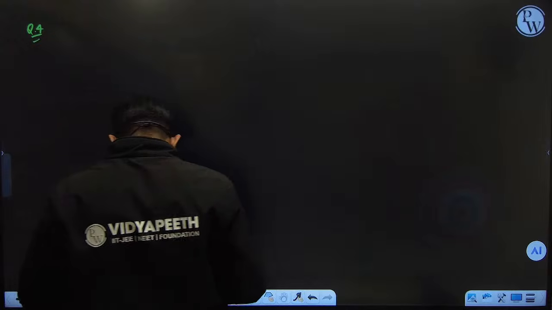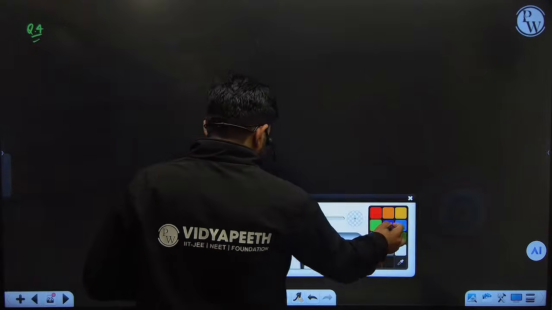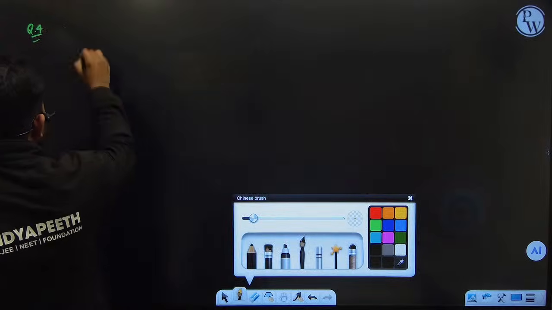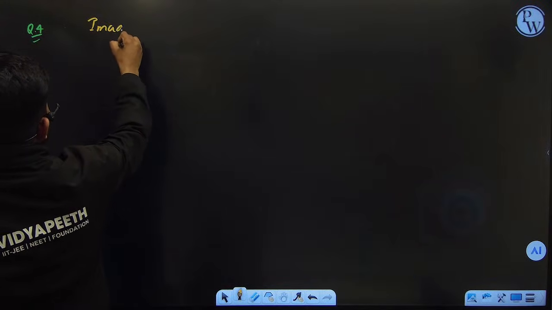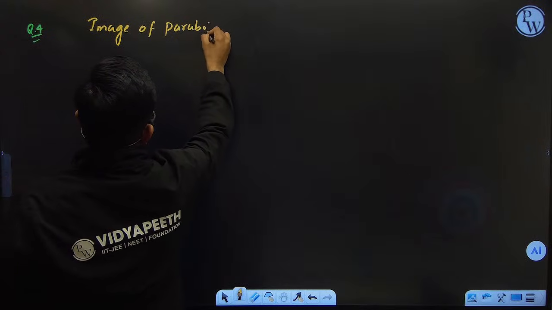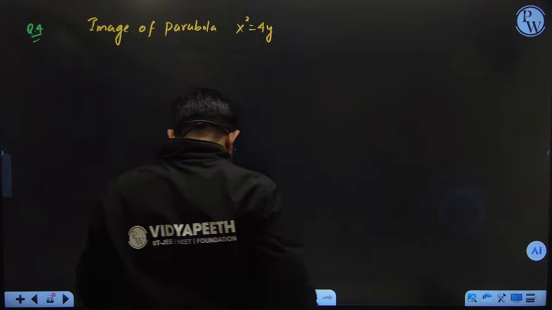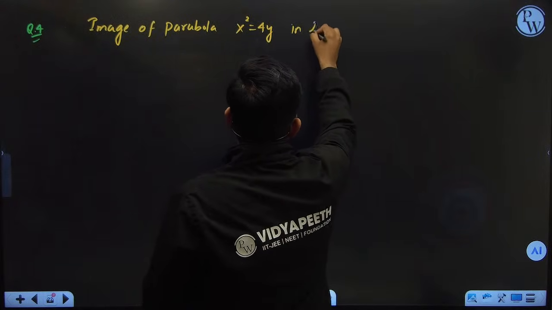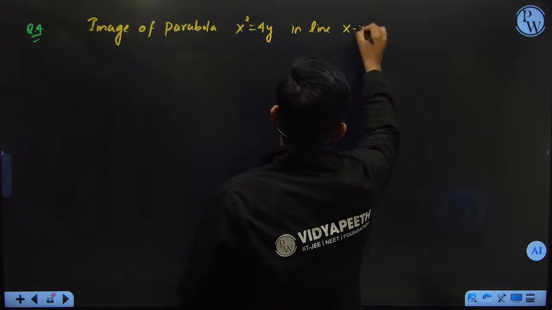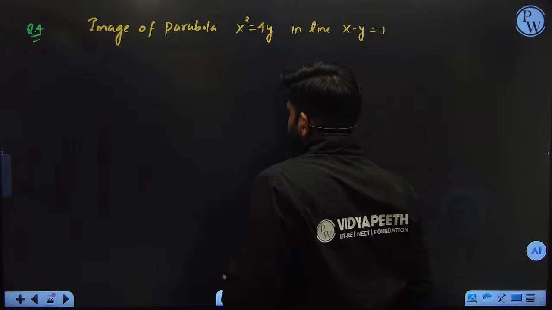The fourth question is: find the image of the parabola x square equals 4y in the line x minus y equals 1.